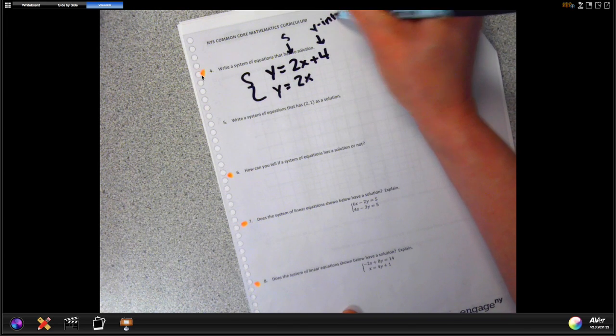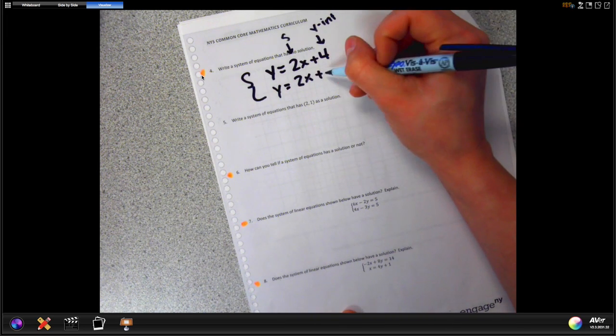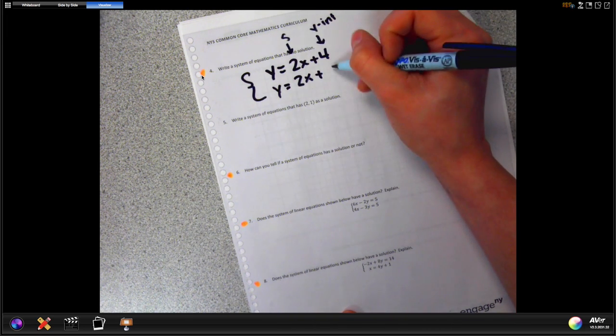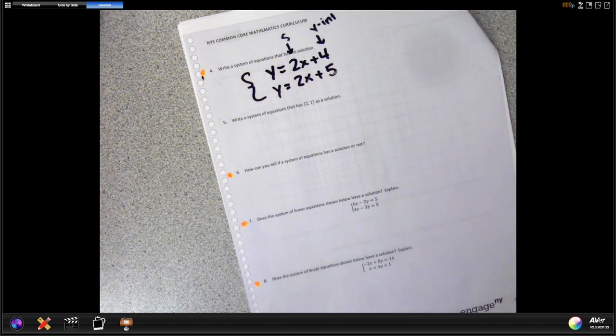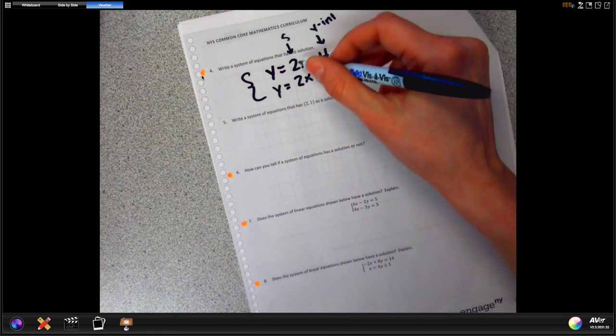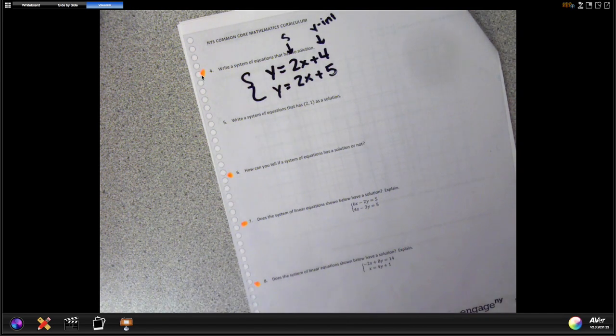We know that has to be different, so we're going to say plus something else other than 4. So we're going to say maybe plus 5. And that means that this system will have no solution because they have the same slope, different y-intercept. They'll make parallel lines.